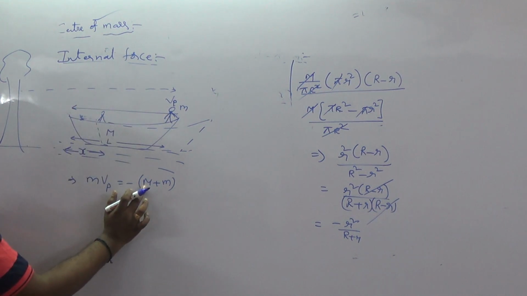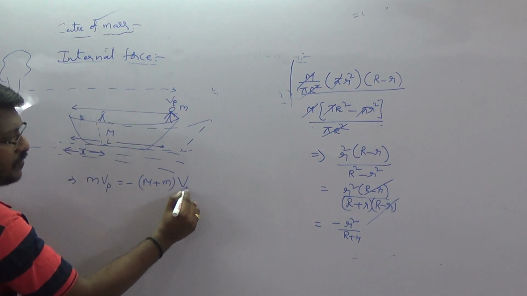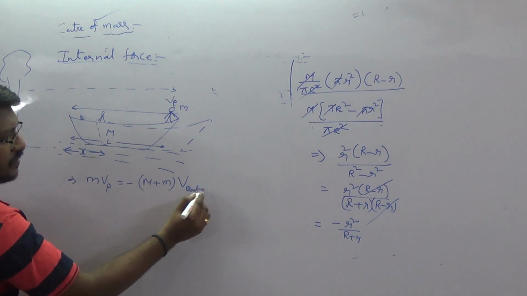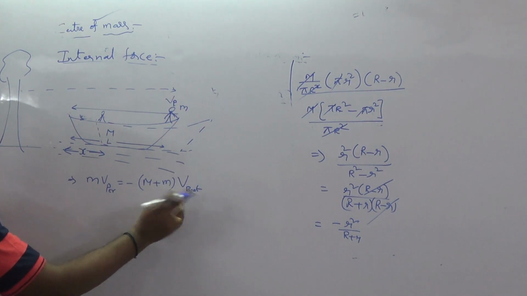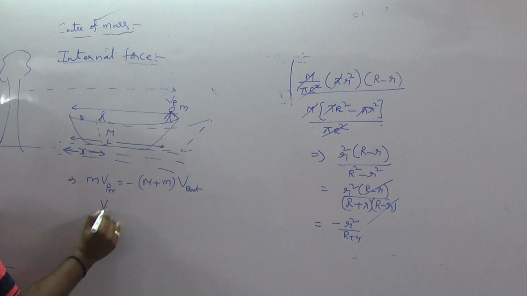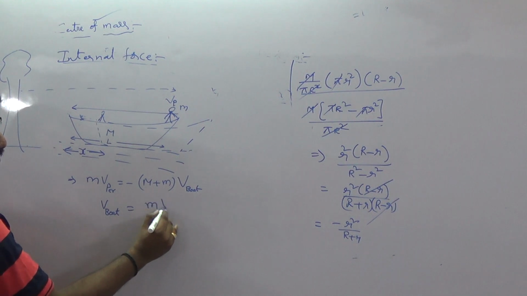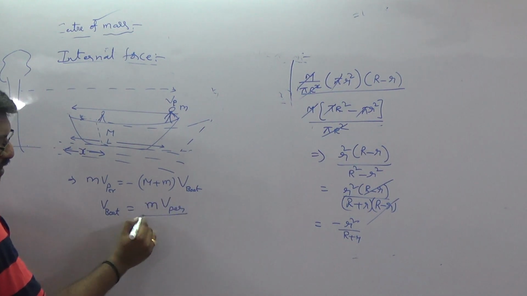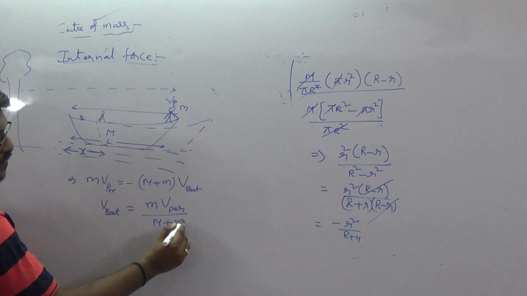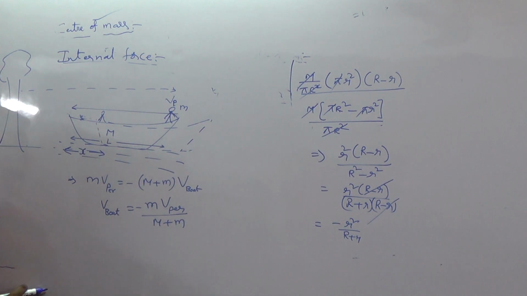That's why I'm taking (M + m) into velocity of the boat. From this, the velocity of the boat we get is m into velocity of the person by (M + m). Here minus indicates opposite direction.